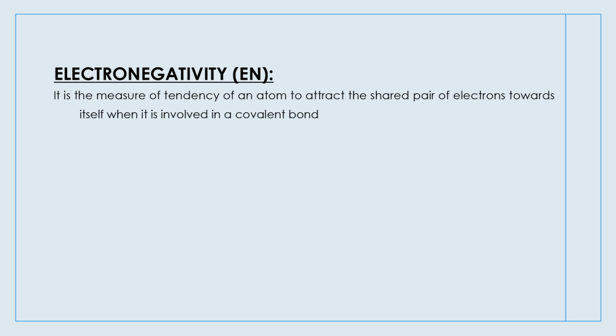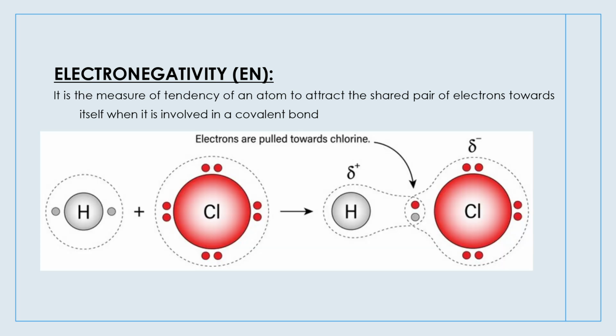For example, fluorine is the highest electronegative element. It has the greatest tendency in the halogens to attract the shared pair of electrons towards itself. In this picture, you can see that we have hydrogen and chlorine atoms.